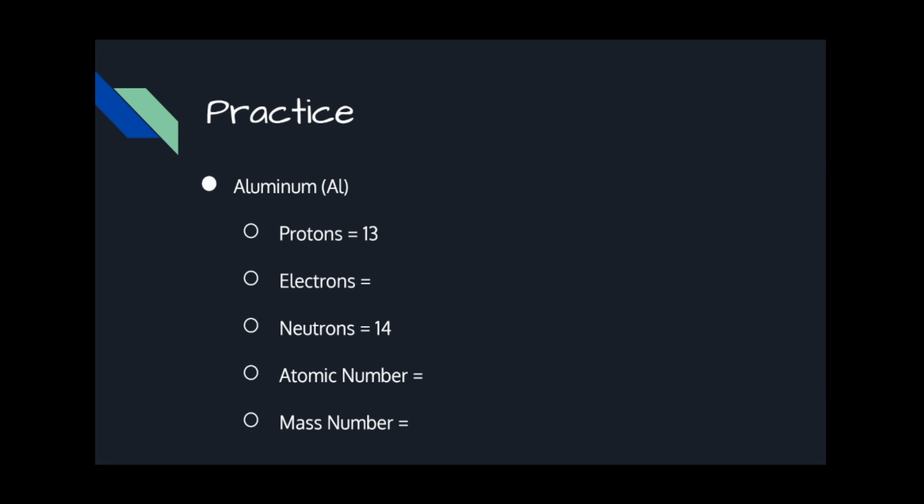So this one, we are not told that aluminum has a charge, so we can assume that it is neutral. The first thing we're going to do is look at the atomic number. Now the atomic number is 13 because the number of protons is 13. And since I know the number of protons and it's a neutral atom, I also know that the number of electrons is 13. That's the only way to get a neutral atom.